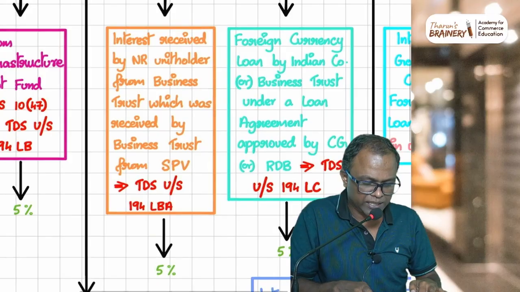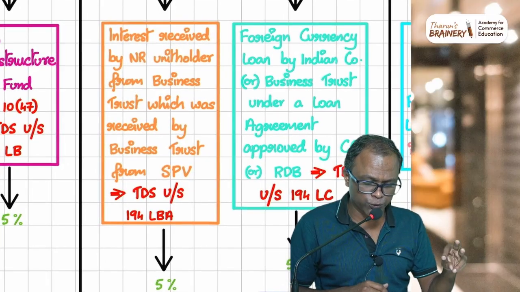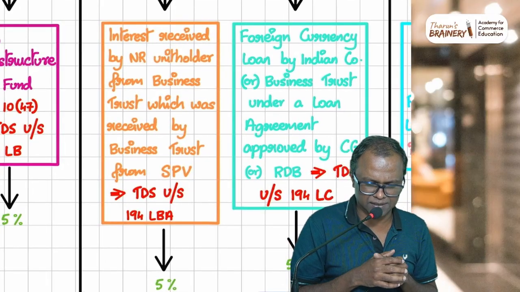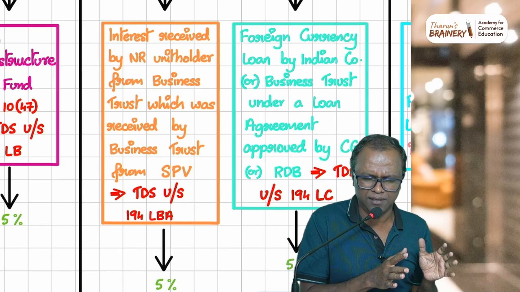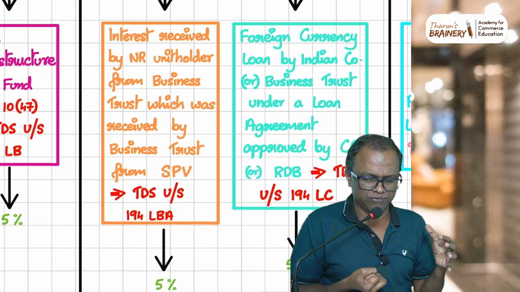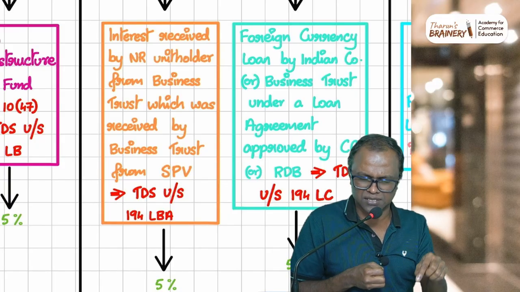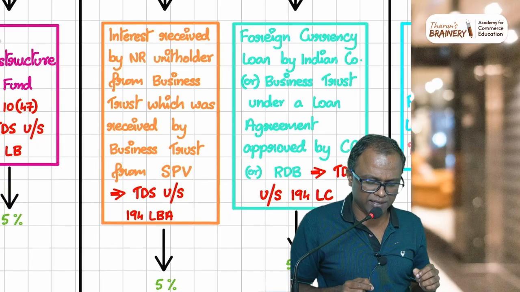And if the interest is received by a non-resident unit holder from a business trust, that is a real estate investment trust or infrastructure investment trust located in India, and a non-resident subscribed to the units of this business trust, and for those units they are getting interest.